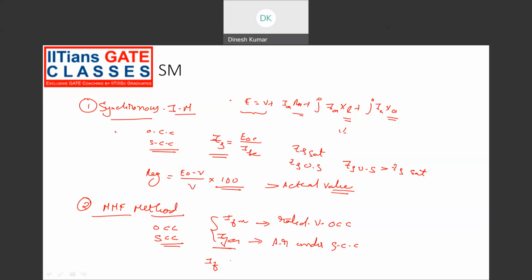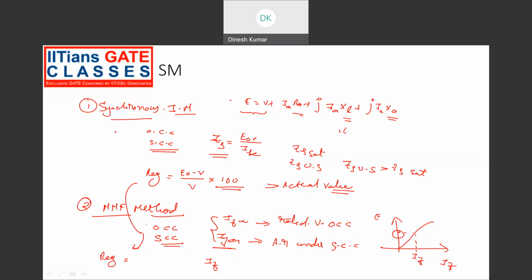Once we have the resultant field current IF, from the open circuit characteristics, this is the field current and this is the induced EMF. So they find the induced voltage from the OCC. Once we have the induced EMF, we can find the regulation using the expression (E minus V) by V into 100.